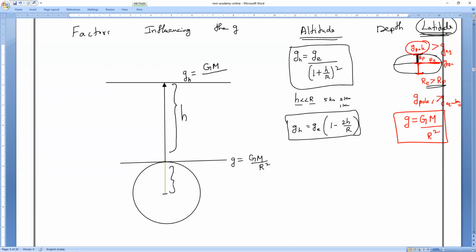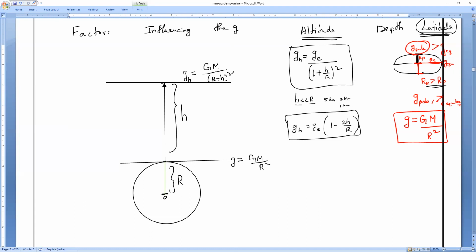So this is R and this is h, so below we get R plus h, the whole square. Will you all agree with me? Because the distance from the center is R plus h, that is the distance whole squared, the distance between the two places from the center.